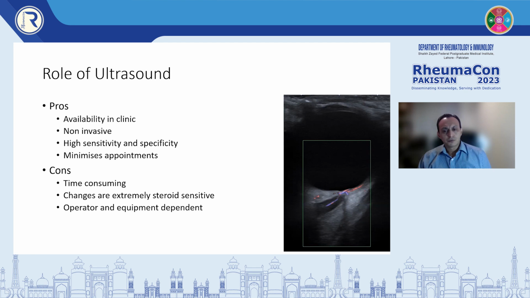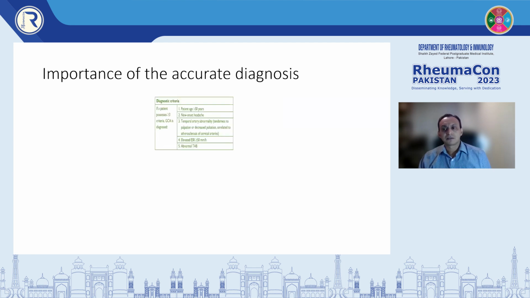So, do we actually need to accurately diagnose giant cell arthritis is another key question. So these are the old ACR criteria, which have been used widely throughout the world to diagnose giant cell arthritis. In fact, these are not diagnostic criteria.